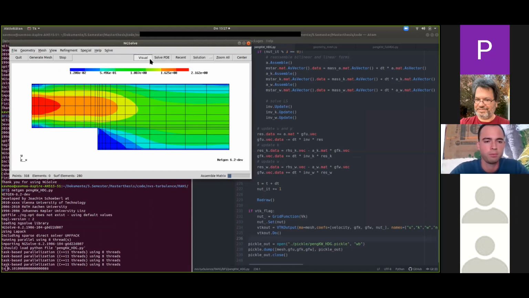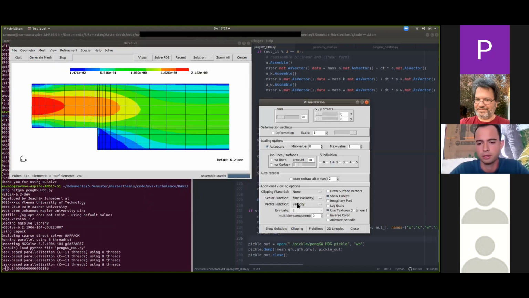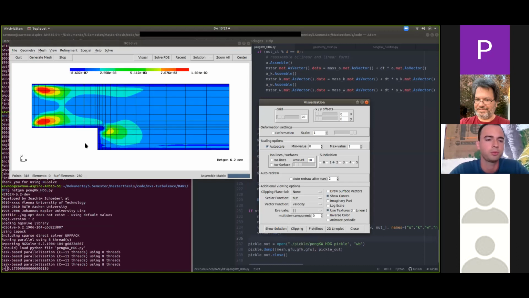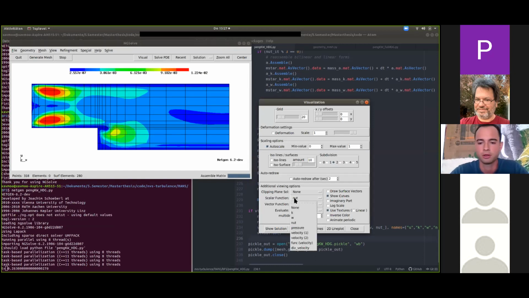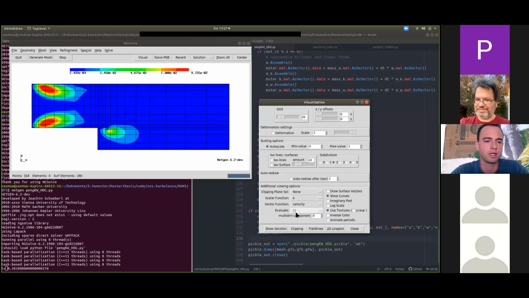So then we may have a look at the eddy viscosity and how it progresses with time. So here we would have the eddy viscosity, which is calculated by this ratio of the turbulent kinetic energy and omega, the specific dissipation rate. Here we would see the turbulent kinetic energy, which also changes as time progresses.